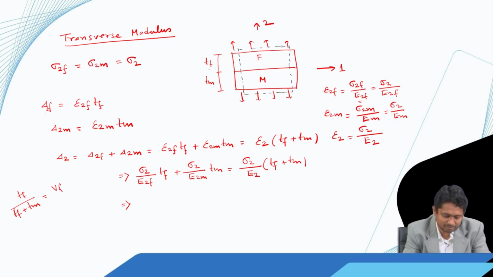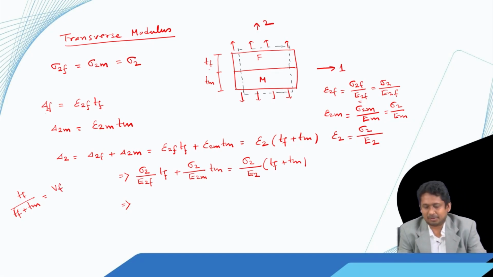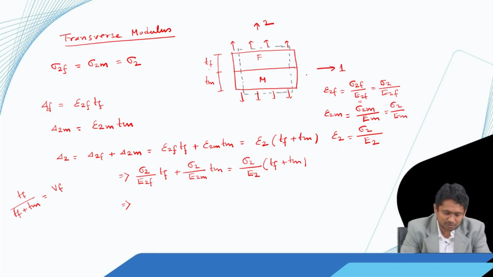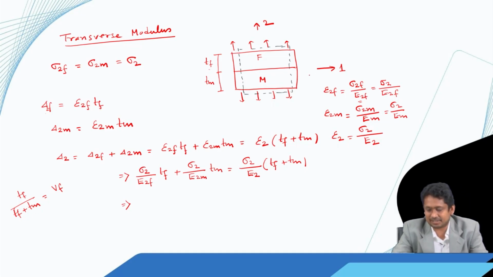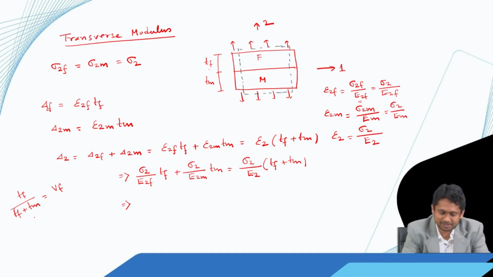Again, a close observation says that this is nothing but the fiber volume fraction V f, because the dimensions along direction 1, and also the perpendicular direction 3, are the same for both matrix and fiber.